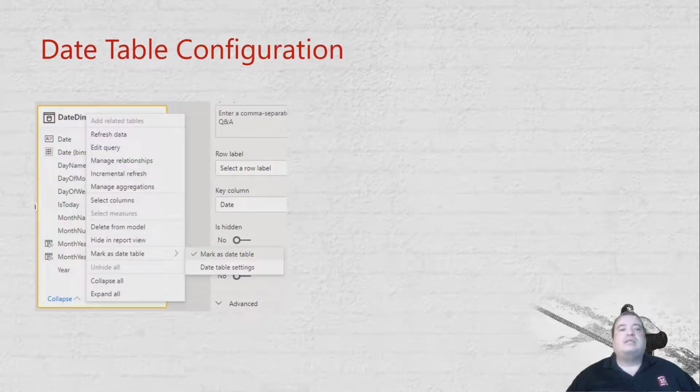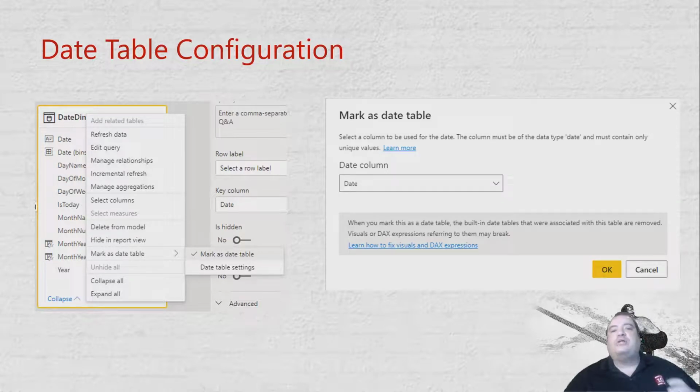So, date table configuration. We choose a date dimension, we right click the date dimension to mark that date dimension as the date table. When we mark that date dimension as a date table, we choose one field to be the date column of that table. This allows many date expressions to use this date information.